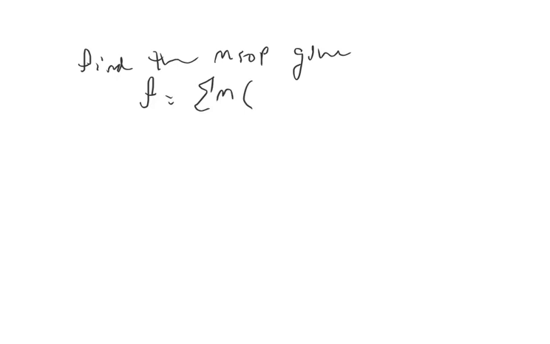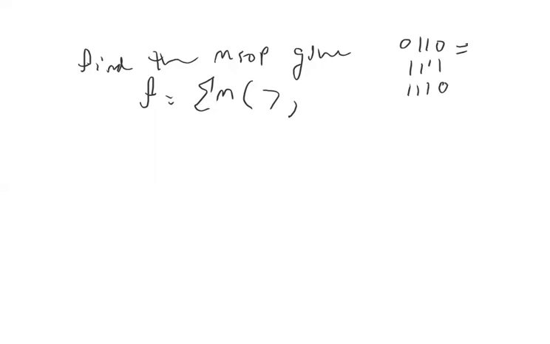Find the minimum sum of products given F equals sigma M of, and I'll just do this in shorthand notation, okay? So this is going to be 0, 1, 1, 0, 0, 1, 1, 1, 1, 1, 1, 1, and 1, 1, 1, 0.